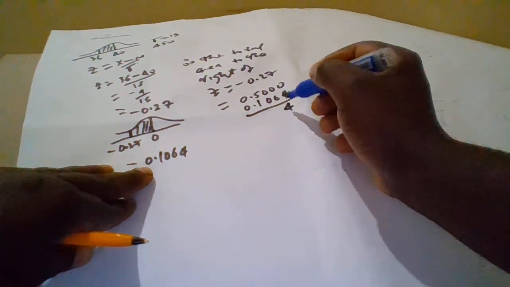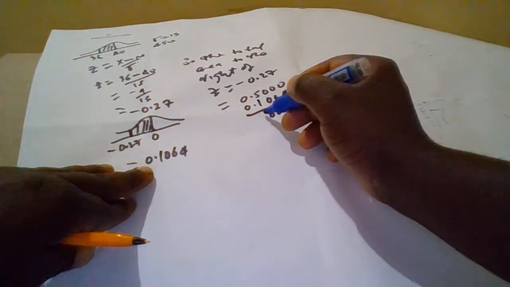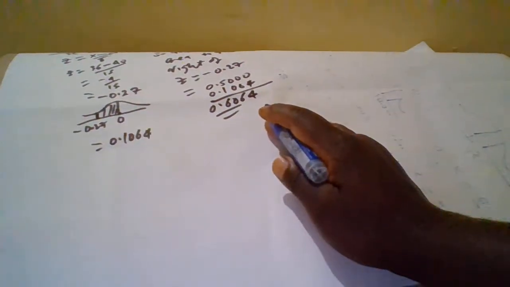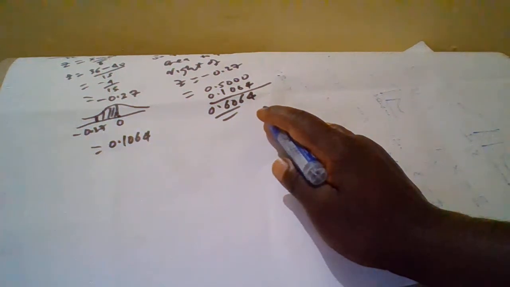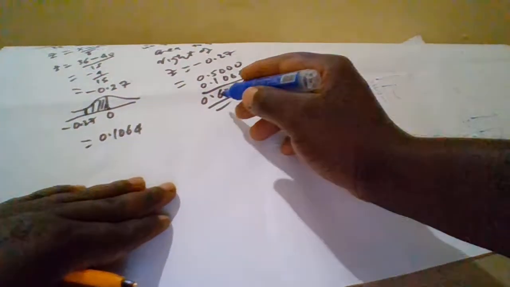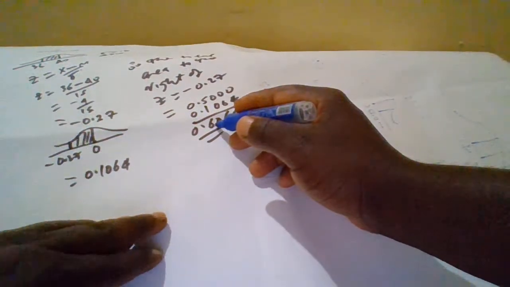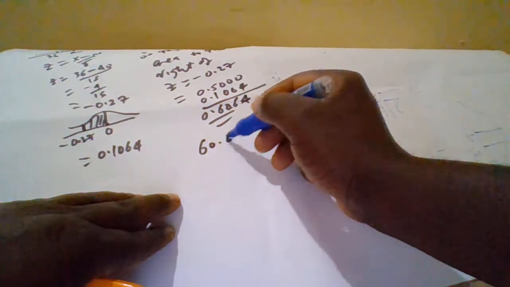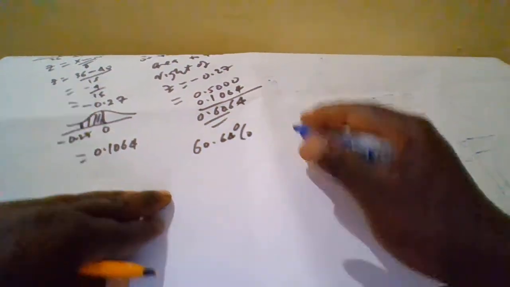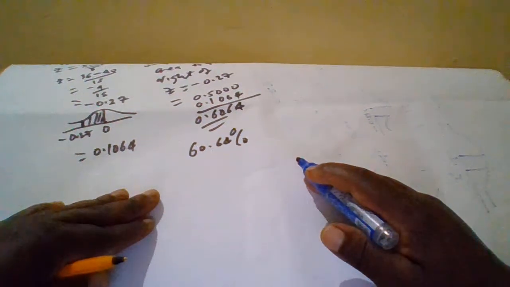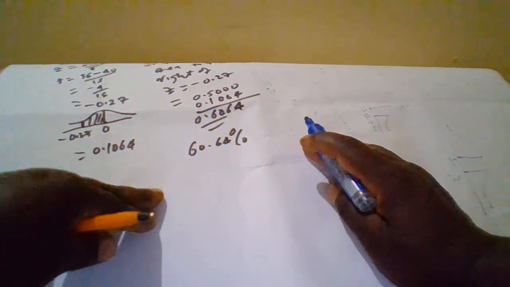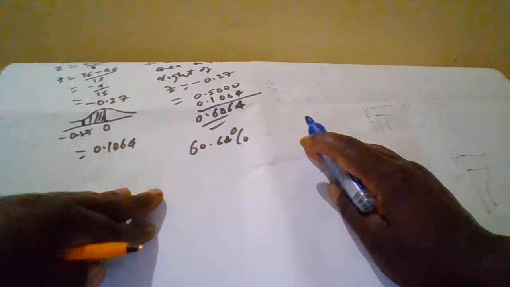So we have 0.6064. So this is the total area to the right of Z equals negative 0.27. Now 0.6064 is the same as 60.64%. That means 60.64% of the total students passed the exam.